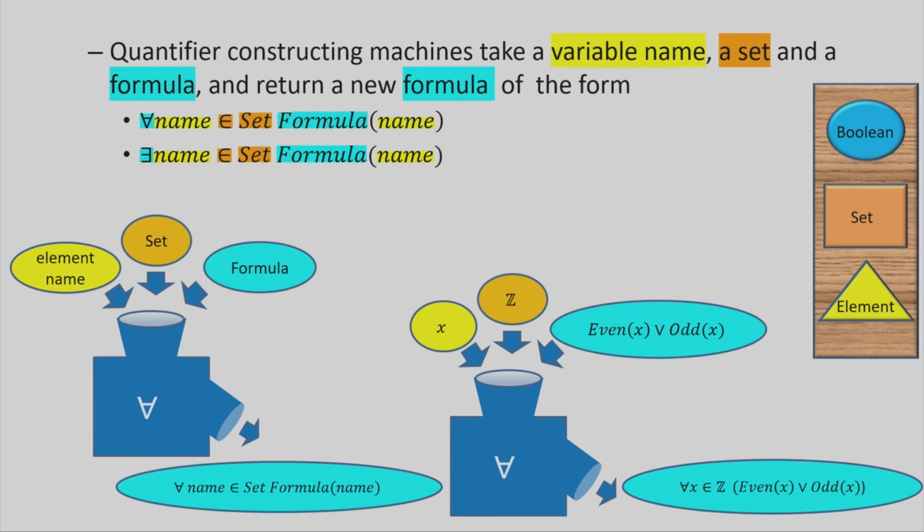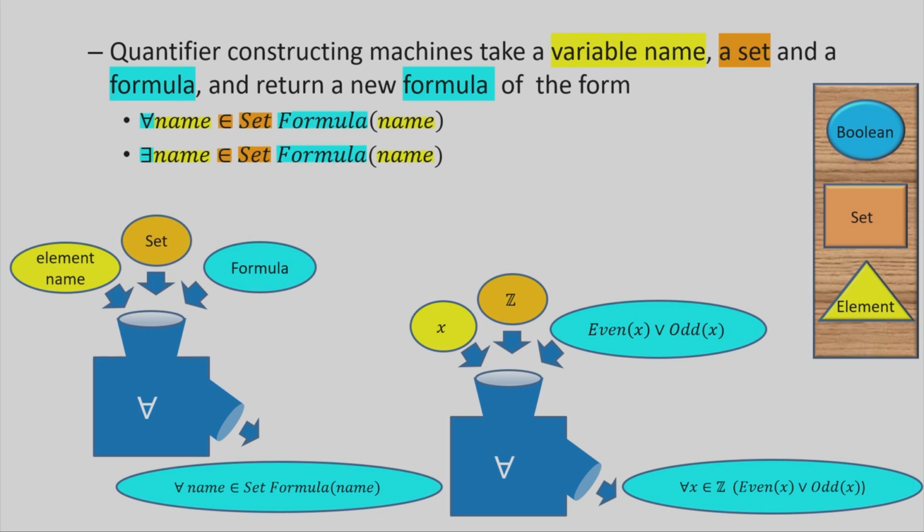So again, turning it around, how can we use that idea of evaluation to construct formulas? Again, if you get an element name, a set, and a formula with that element name occurring as a free variable, you could write them down as for every name in set, formula, parentheses of that name is true.